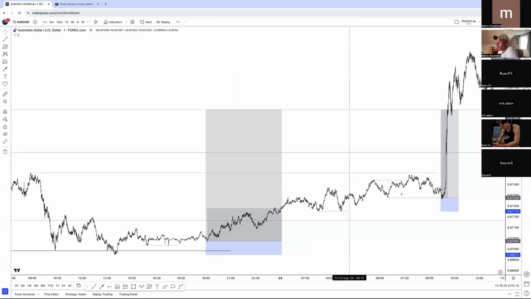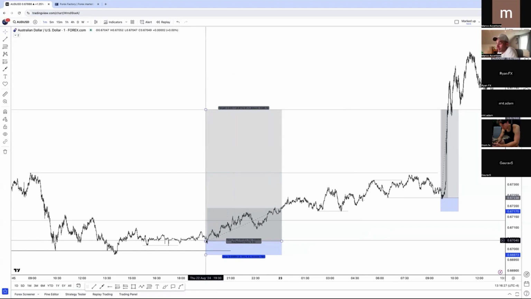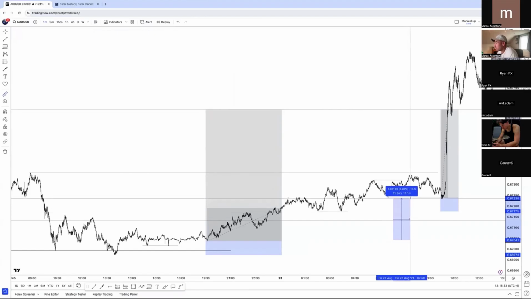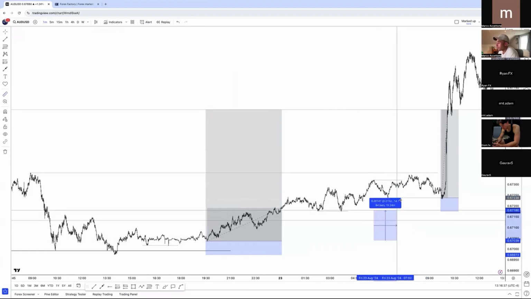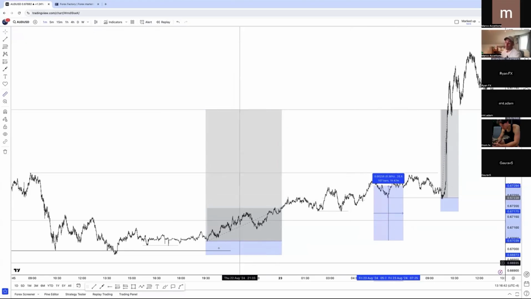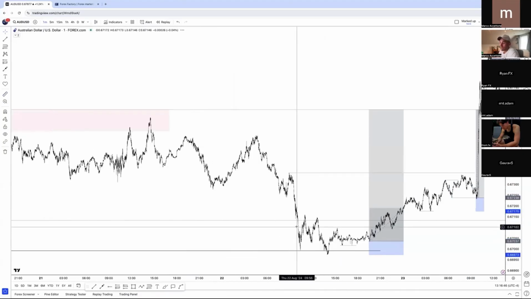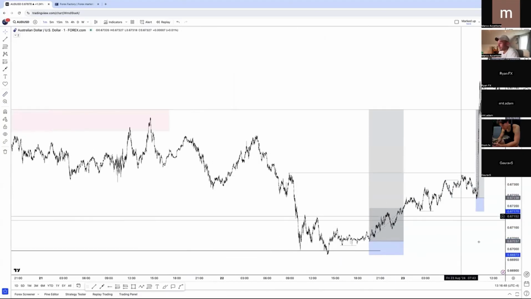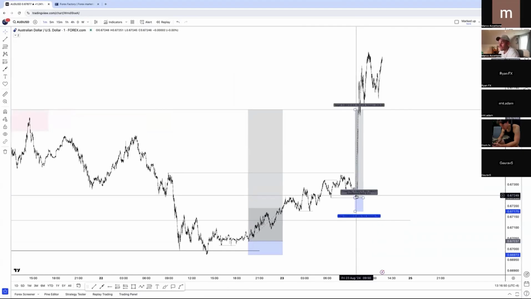For example, I wasn't involved in anything before news. The entry down here Abbott took yesterday would have been perfectly fine because you're sitting like 20 pips in profit by the time news, or even more actually, like 25 pips in profit before news gets announced. So you could either BE or roll your stop loss. There's a much smaller chance of you getting slipped, as opposed to getting in right when news is being announced.